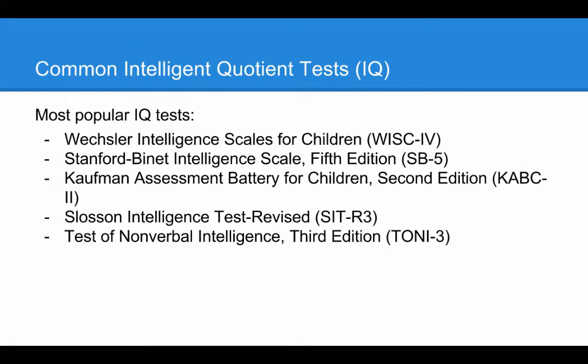Some common IQ tests that you might hear are, I'm going to butcher these, the Wechsler Intelligence Scales for Children, Stanford-Binet Intelligence Scale, the Kaufman Assessment Battery for Children, the Slosson Intelligence Test Revised, the Test of Nonverbal Intelligence.